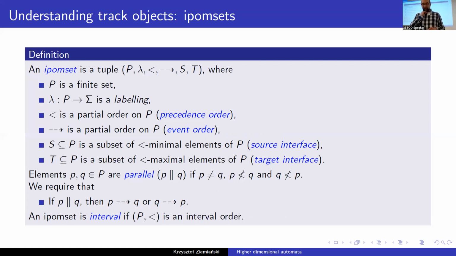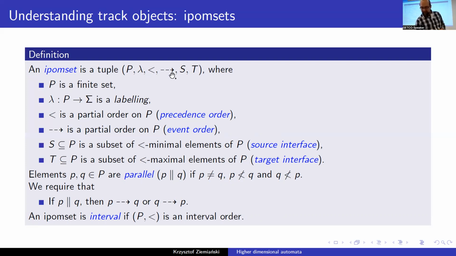The morphisms of the category are called ipomsets. So an ipomset is just a partially ordered set with some labels. There is a precedence order which is important. It means that one event happened before another event.